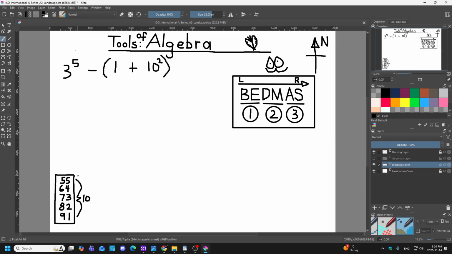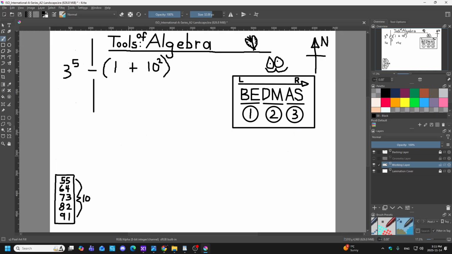Okay. I can organize this. Again, same concept, boys and girls. We have a left-hand side neighbor and a right-hand side neighbor. We can solve these independently of each other because of this subtraction sign. Again, subtraction is our very last step. That's step 3.